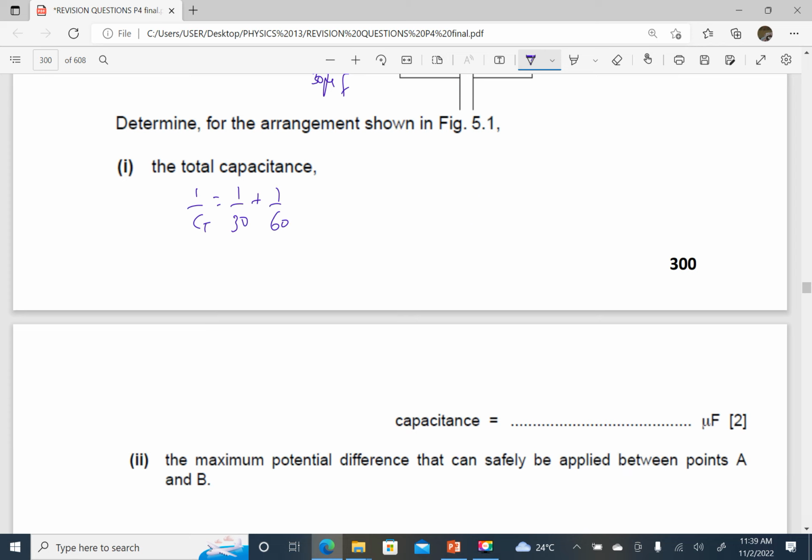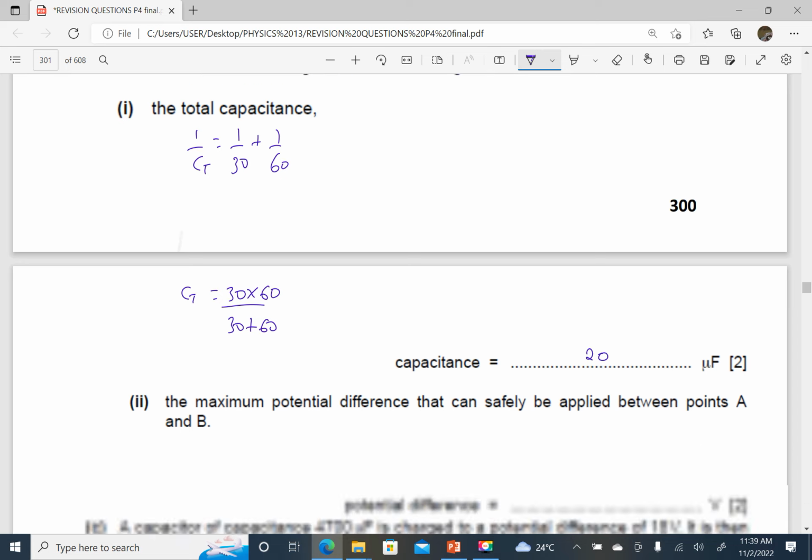But this is the same as product over sum. So total is going to be 30 times 60 over 30 plus 60. Press your calculator. Total capacitance is 20 microfarads.